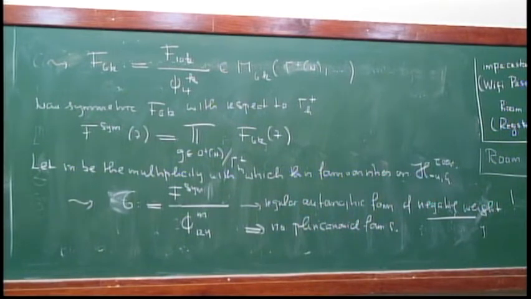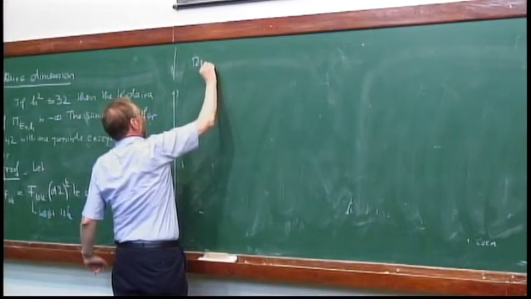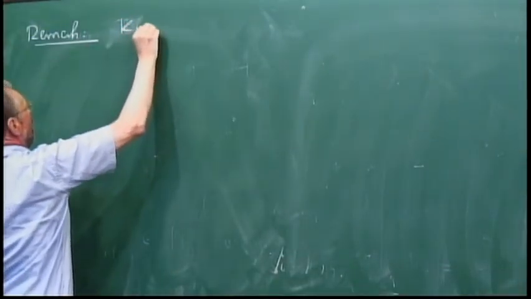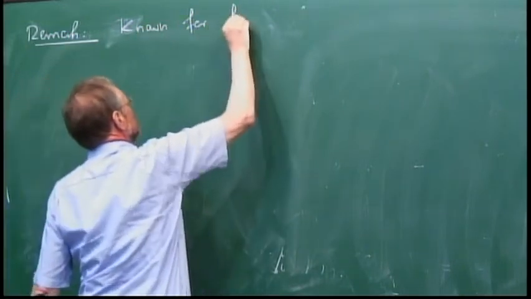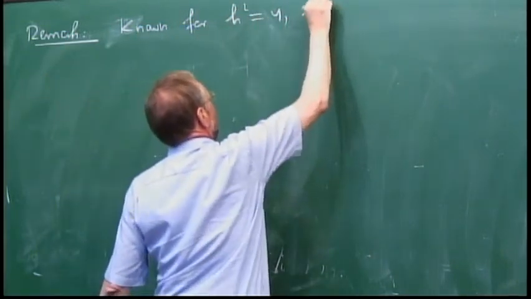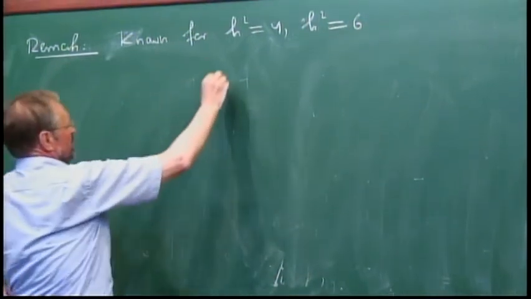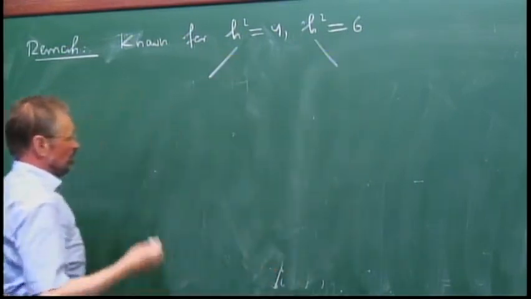So there are moduli spaces with negative Kodaira dimension, quite a lot of them, in fact. Of course, in some cases, one knows that before. So remark, classically known for H square 4 and H square 6. In each case, there are two types of polarizations. One is base point free in each case, so that's the one I take.